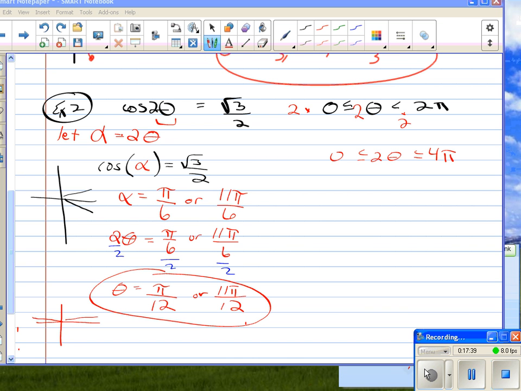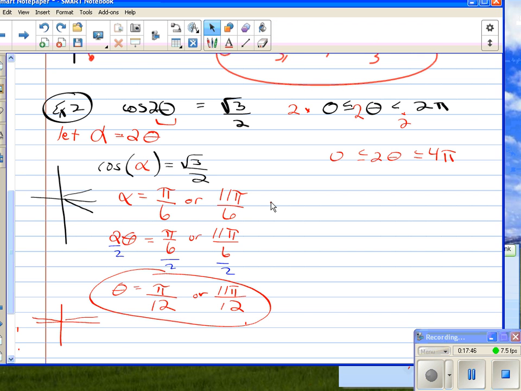So if I add 12 pi over 6, I'm just adding 1 rotation to the pi over 6, and I get 13 pi over 6. I know you guys are like, oh man, you're out of here now. I see the look in your eyes.